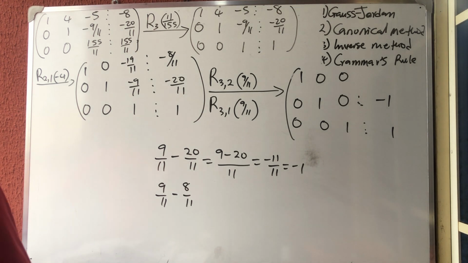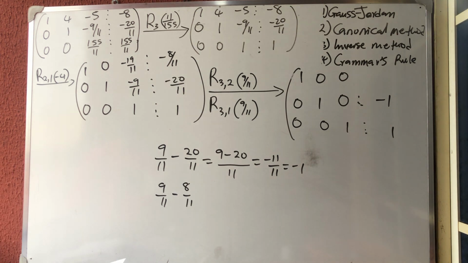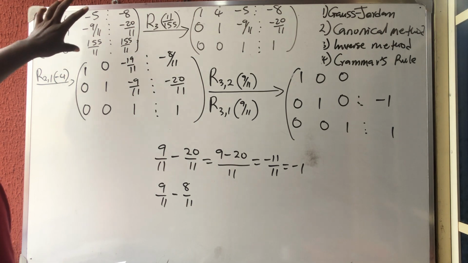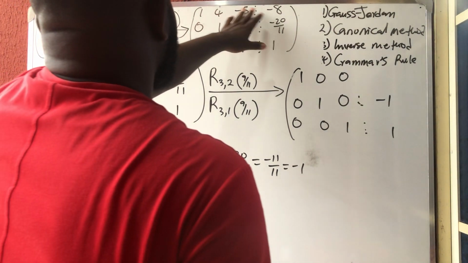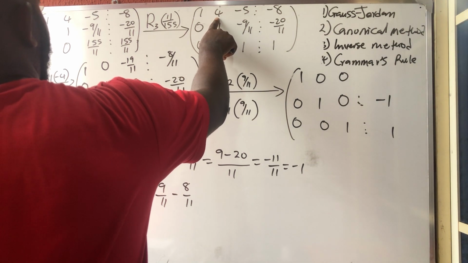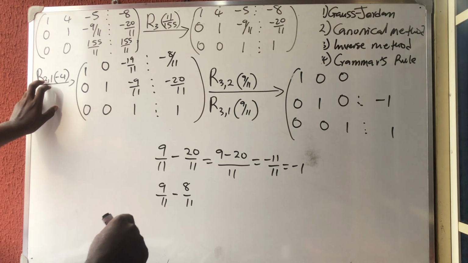Is it 8 or 18? Let me check the last thing we got in the other one. Okay, minus 8, minus 20. This was the last thing we got. And then we want to make it to be 0. And what did we do to this place? There is a mistake in our calculation here. So let me check it now.